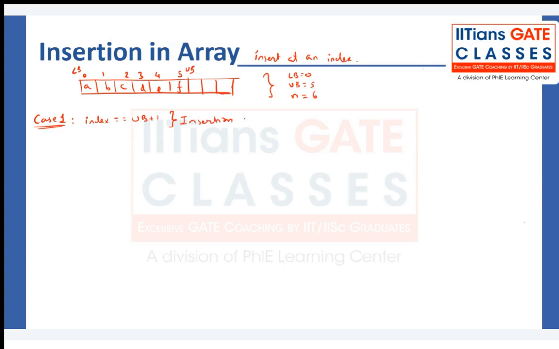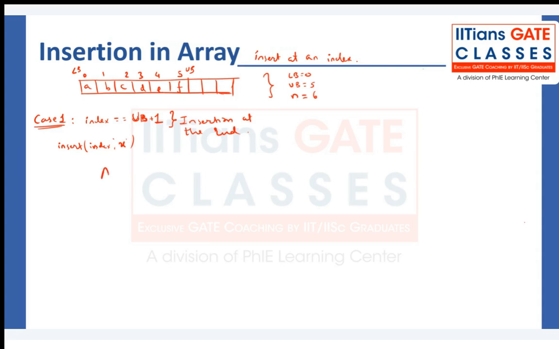Insertion at the end. Right. Suppose you have to insert this element X. We already have the array, all the indexes, and the upper bound, and we have to insert the element at the upper bound plus one index.